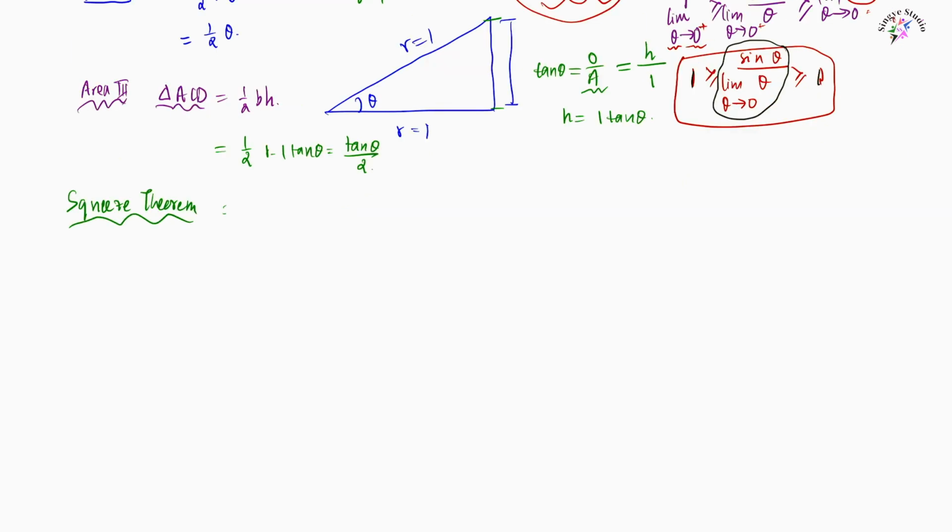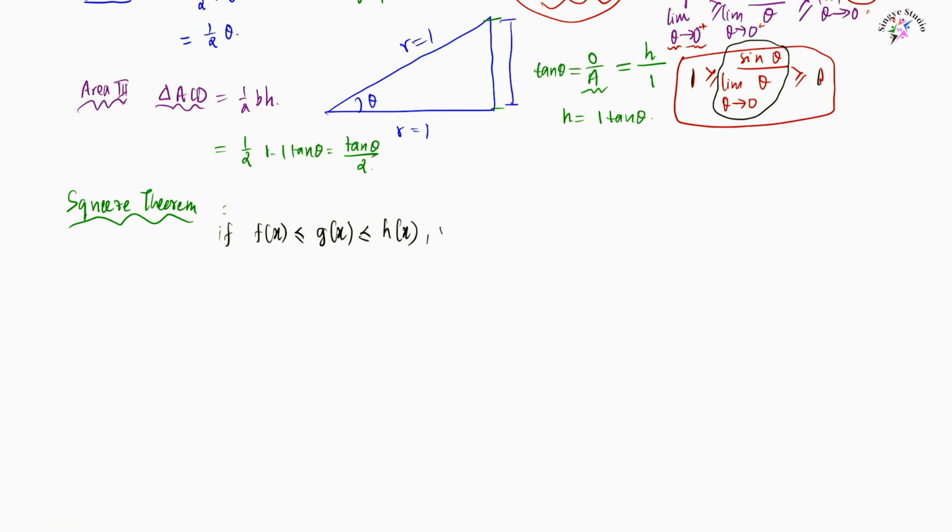From the squeeze theorem we have that if f of x is less than or equal to g of x, which is less than or equal to h of x, these all are functions of x, but h is the greatest and f of x is the least.